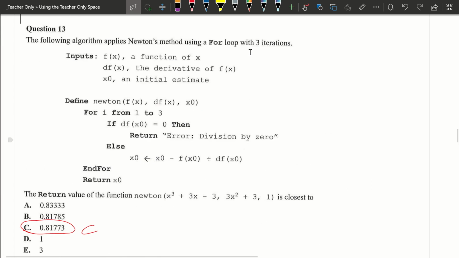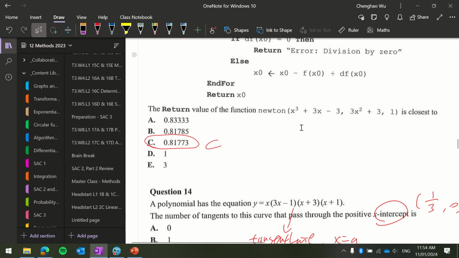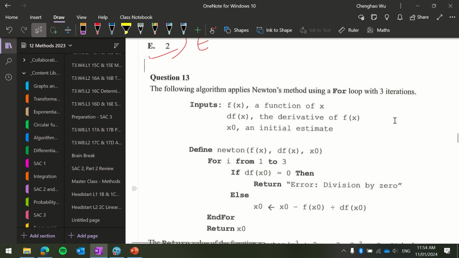So you didn't really need to know how to read pseudocode or how to code. You just need to know what Newton's method is. And so you do Newton's method, which looks like this. The function is x cubed plus 3x minus 3, and that's the derivative. And 1 is the initial estimate, because that's what it says.